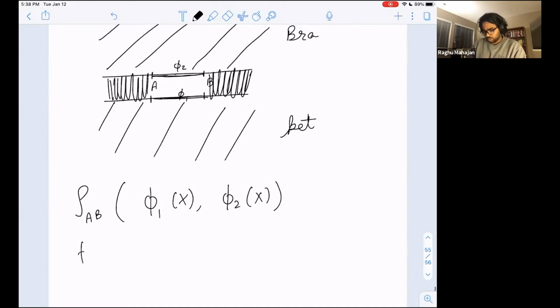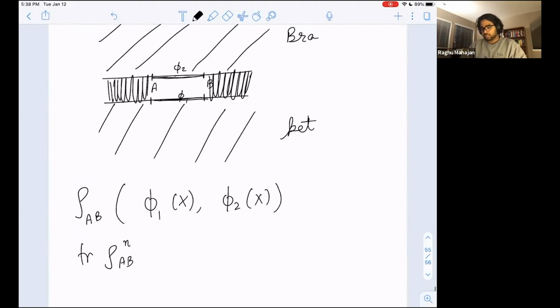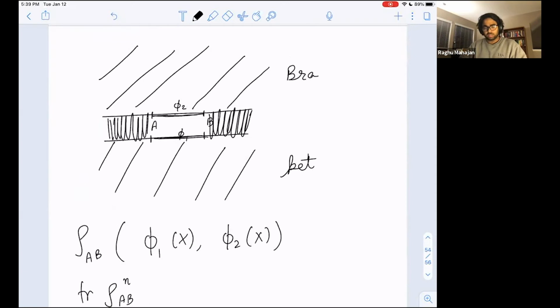If we now want to compute the trace of rho_AB to the n, we just need to take n of these and contract the column index of the first row to the row index of the next row, the column index of the second row to the row index of the third one, and then back. What that does is make n copies of these systems, glued in a particular way.